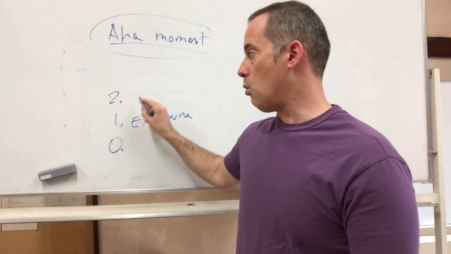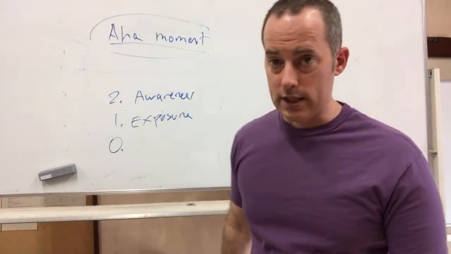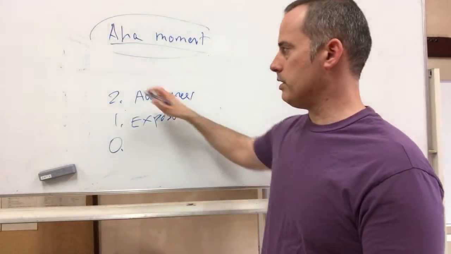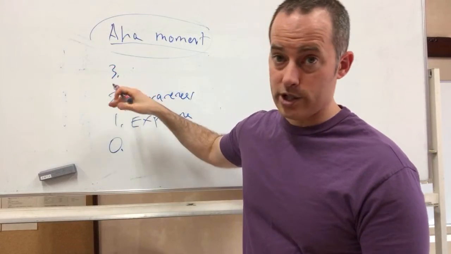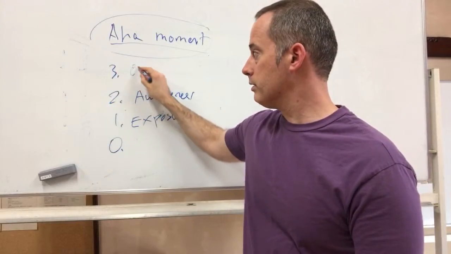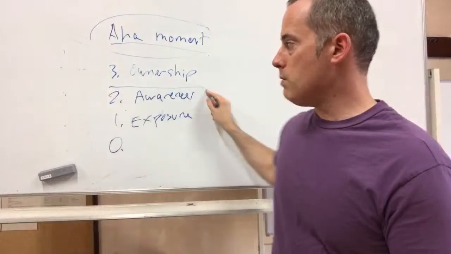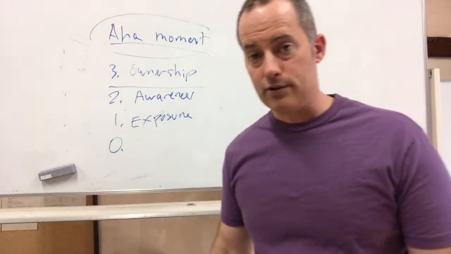So we move up to awareness. When you really understand something very well, you can recognize it. But until you get to the ownership level, level 3, ownership meaning you can use something fluently. And to move from this level to this level, you just need to get lots of naturally varied review.